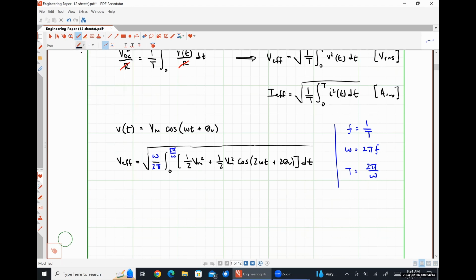So I'm going to split my integral up into 2 parts effectively. So I'm going to have the integral from 0 to 2 pi over omega of 1/2 Vm squared dt.